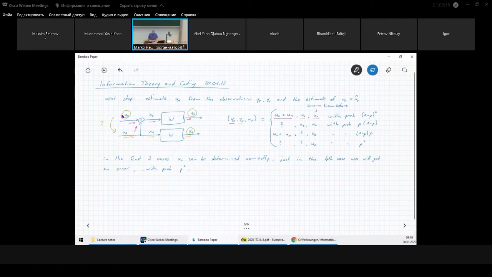So if you only know one element in your sum and you don't know the outcome of the sum, there's no way to determine the other element.